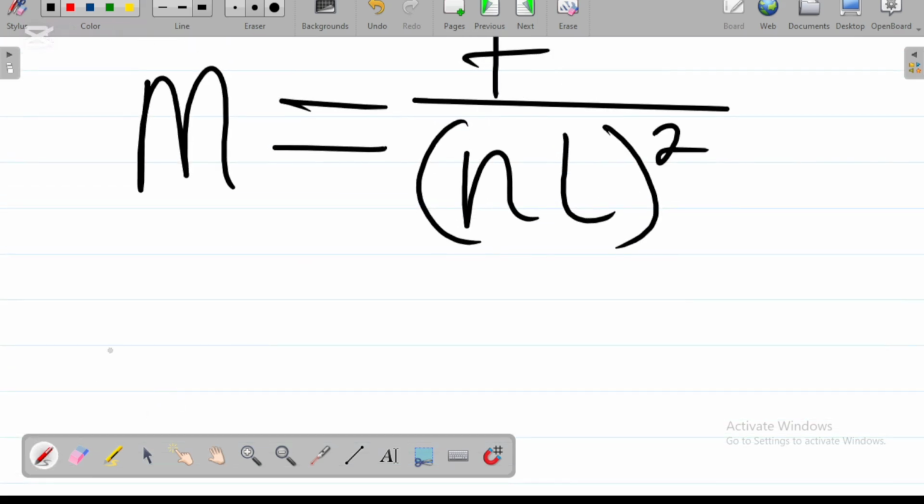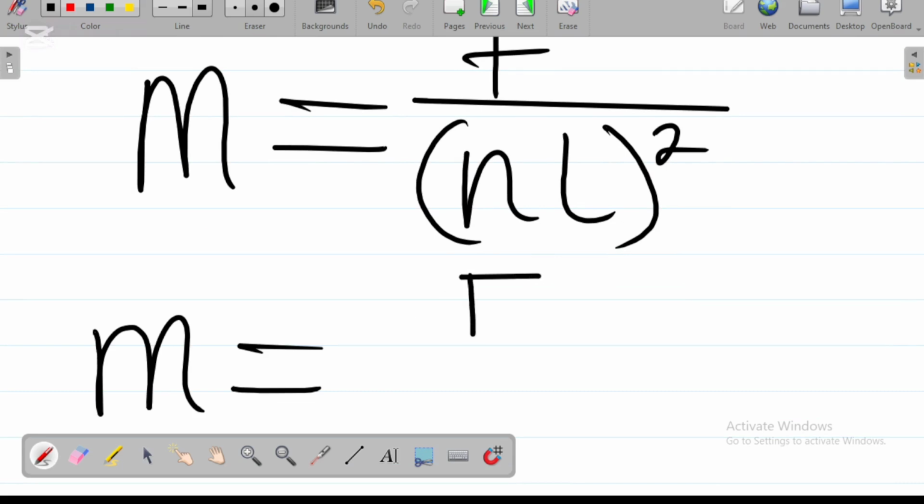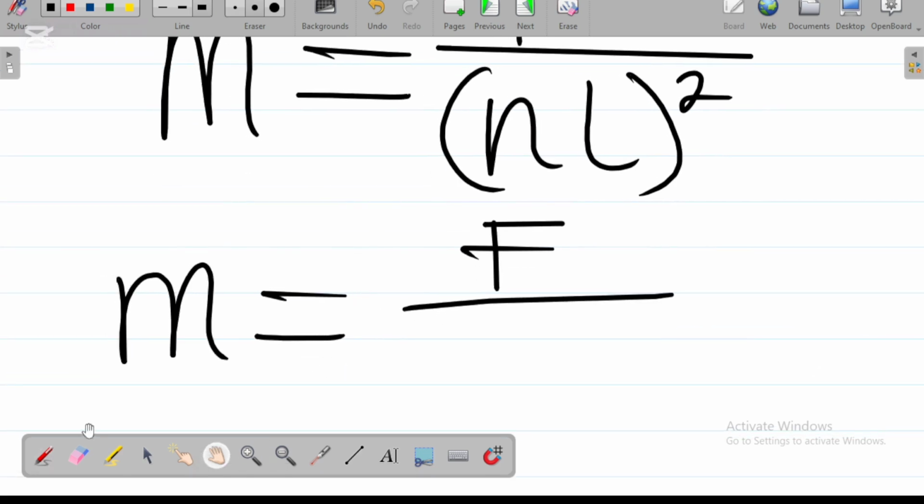So this can be written as M equal to F divided by N raised to power 2 multiplied by L raised to power 2, according to the law of indices. If you have not watched our video on indices, kindly check the description of this video. You will also see our tutorial video on indices.